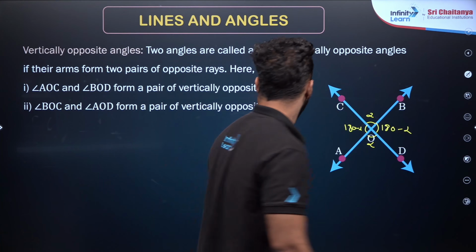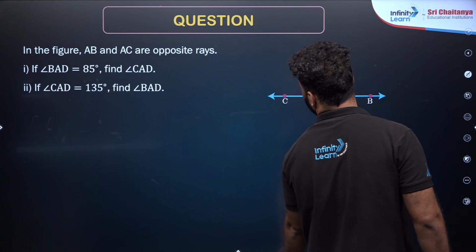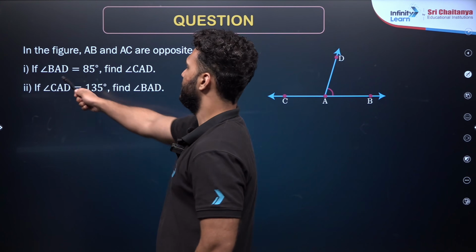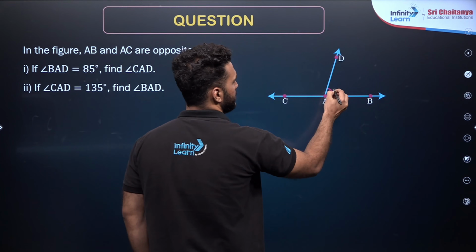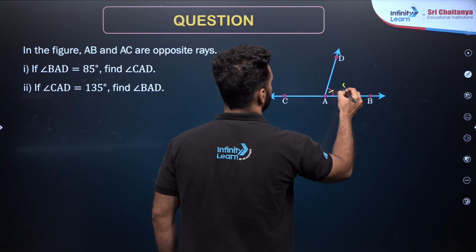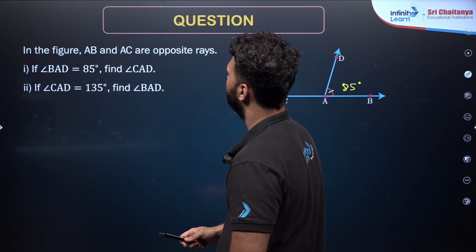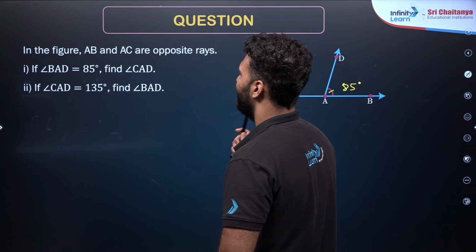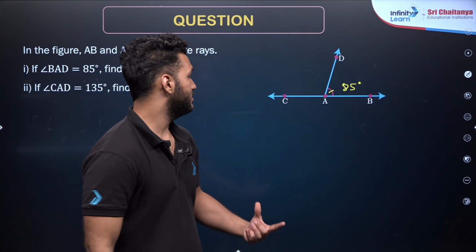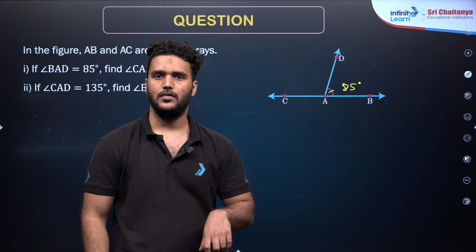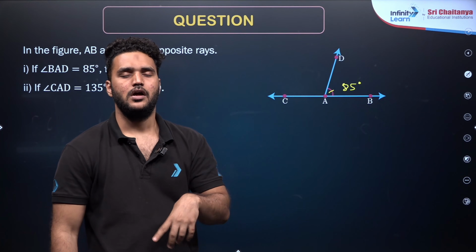Now next. Here is one more question. In the figure, BAD means this angle is 85, and it is given that AB and AC are opposite rays. They can say that BC is a straight line, or they can say that AB and AC are opposite rays.